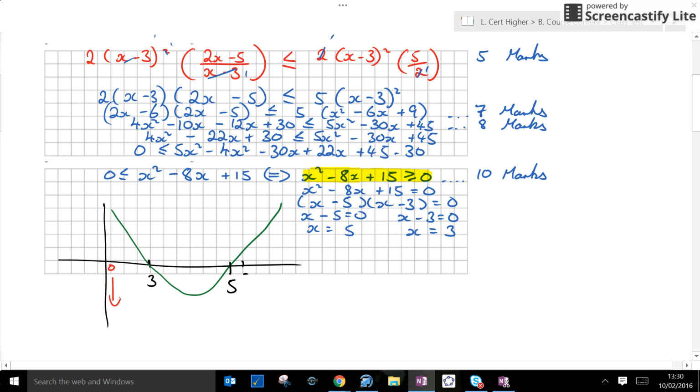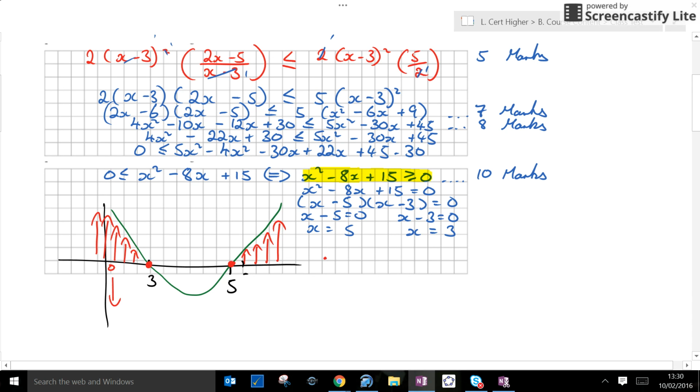Below the x-axis, the function is less than 0. And above the x-axis, the function is greater than 0. We want greater than or equal to 0. So the values here and the values here are where the function is greater than or equal to 0. It can be equal to 0, so we can include 3 and we can include 5.